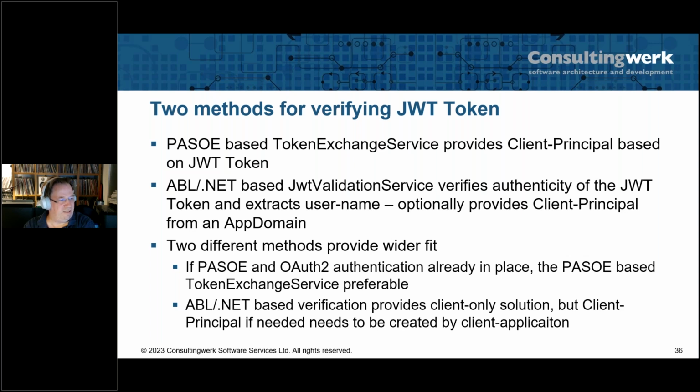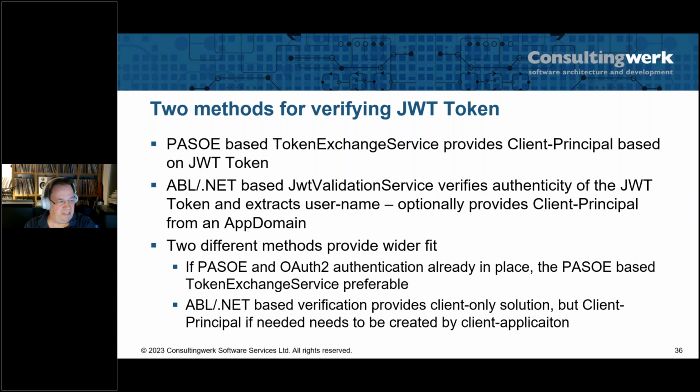So with these two methods, we just have a very wide fit. Applications that are already app server based, already using PASOE, may already have OAuth2 in the mix to allow third-party applications that use REST services to authenticate against PASOE.